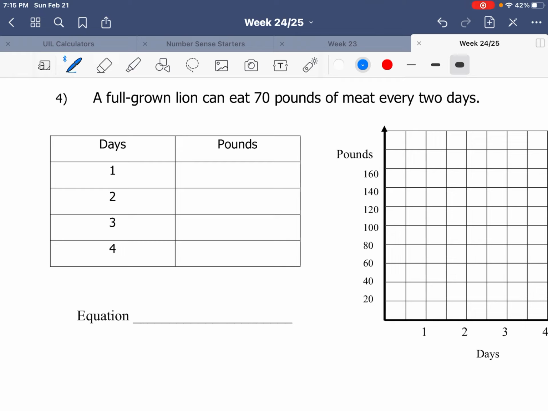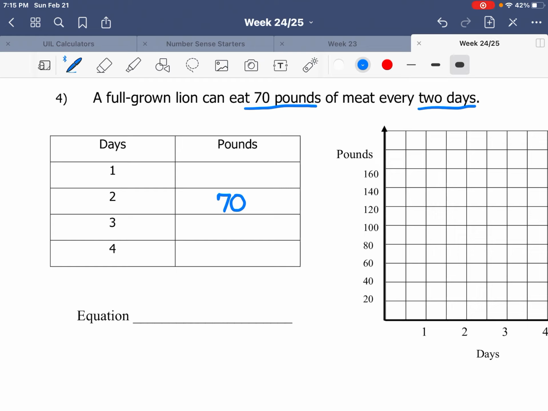A full-grown lion can eat 70 pounds of meat every 2 days. So the pounds of meat is dependent on the number of days. Days, weeks, hours, months. Time is almost always your independent variable. So if it's 70 pounds in 2 days, then we have to divide the number of pounds by 2 to figure out how many it is in 1 day.